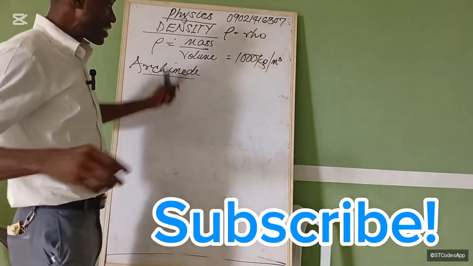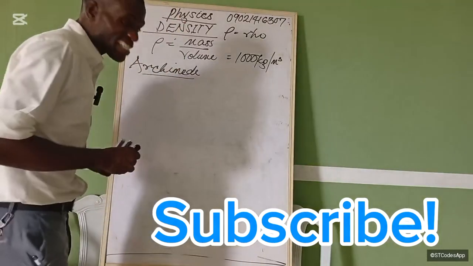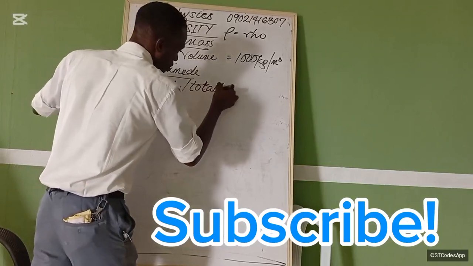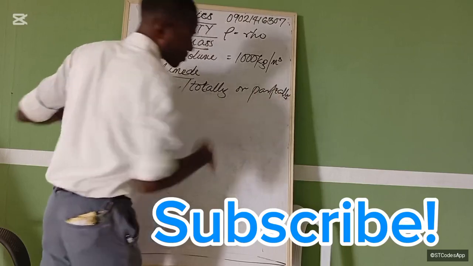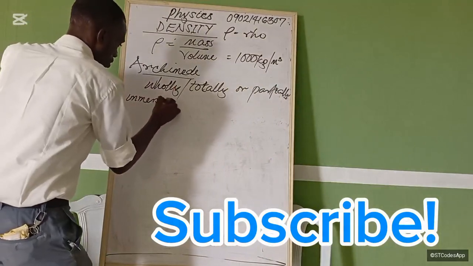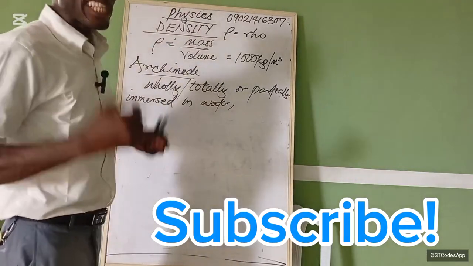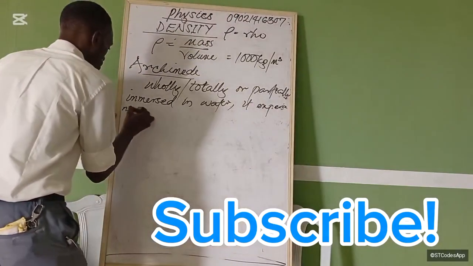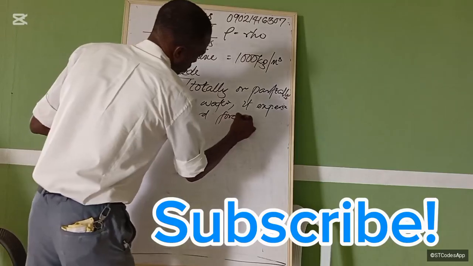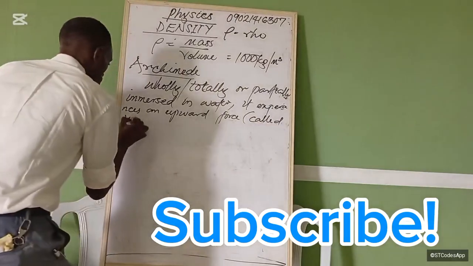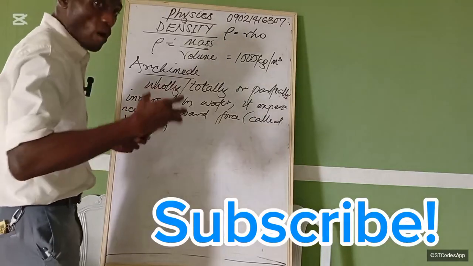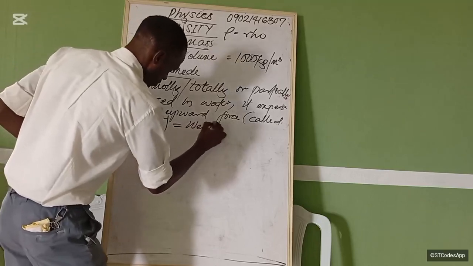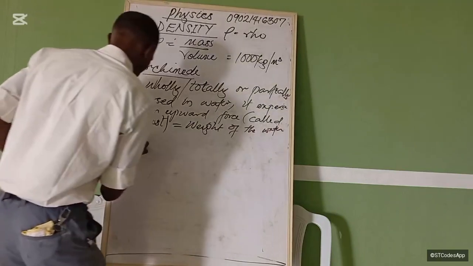Archimedes postulated a law that says that when a body is wholly, that means totally, or partially, that is partly, not all, immersed in water, it experiences an upward force called upthrust, which is equal in magnitude to the weight of the water displaced.